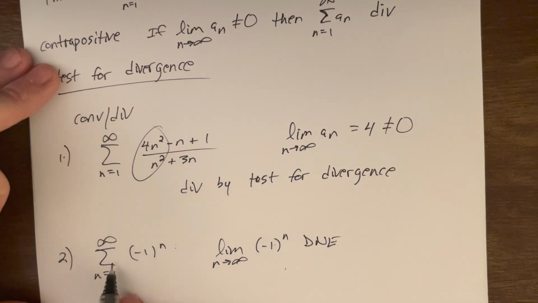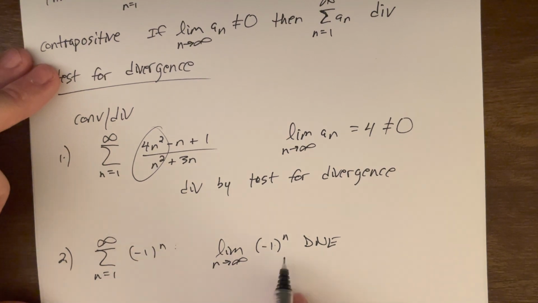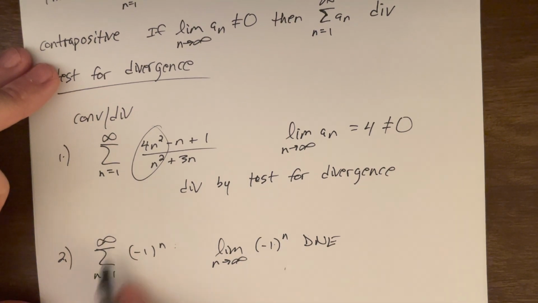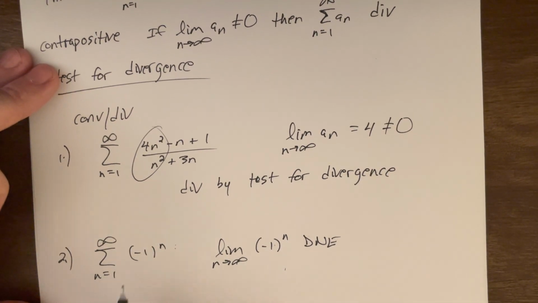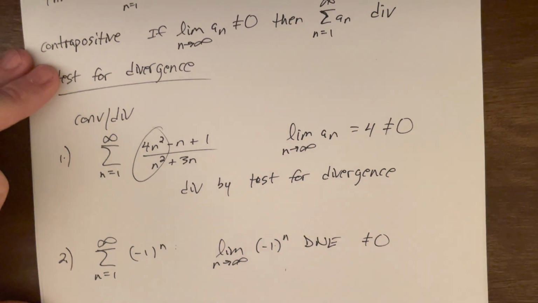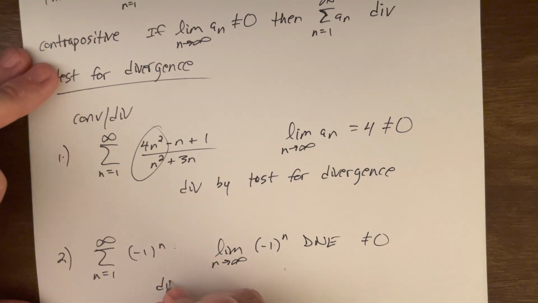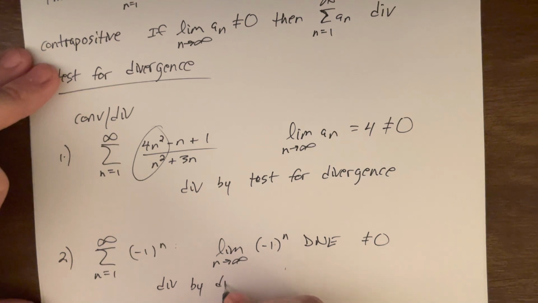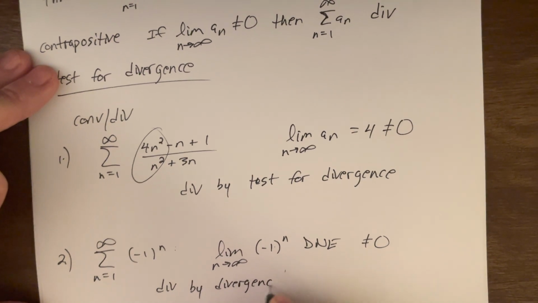Whatever problem you're working on, you will always assume that an is just the underlying sequence to go with that given series. But here I wrote the whole thing out, and this just keeps bouncing. +1, -1, +1, -1, +1, -1. The limit does not exist. So again, does not exist, still doesn't equal 0. So we still get to make that same conclusion.